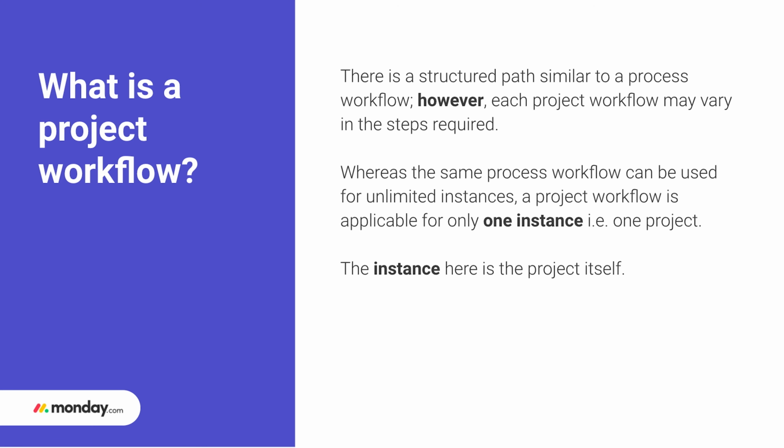So there may be 50 tasks that are unique to fulfill one project's goal and 50 completely separate tasks to fulfill another project goal. So yes, in a way it's a process, but all of the steps are unique and you don't know what's going to happen from A to Z. That's the difference between a project and a process workflow.